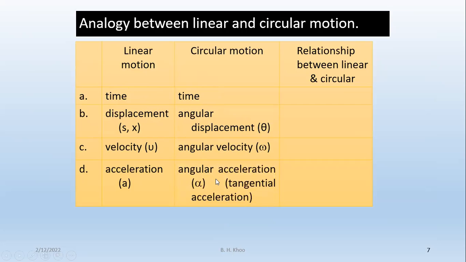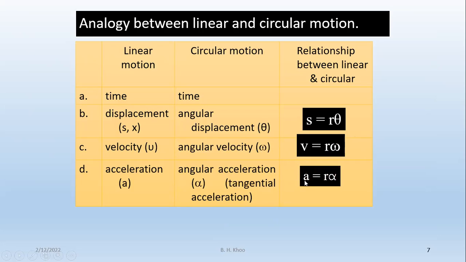Acceleration, we also have angular acceleration, or we call it tangential acceleration. The relationship in a circle: arc length is radius times angle, s equals r theta. Velocity is the same, v equals r omega. These are how they are related. We will derive this equation. And acceleration the same, a equals r alpha. Alpha is an angular acceleration, but we are not interested in acceleration.